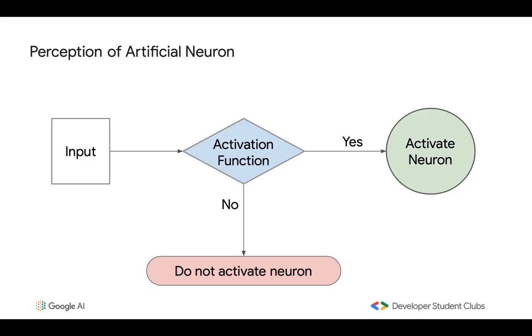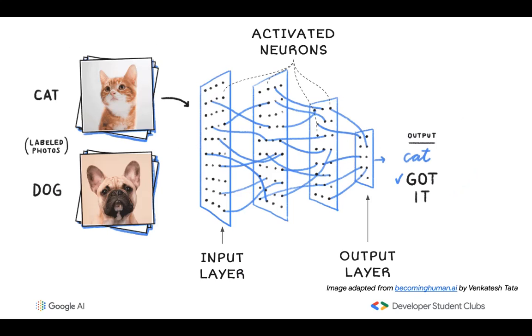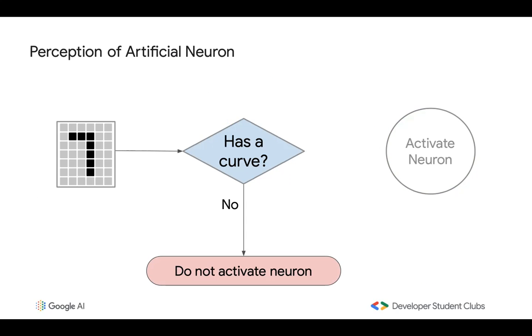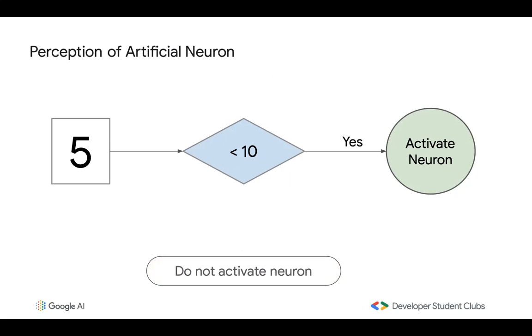Over here, where we had the example of the numbers, if the activation function is less than 10, if 5 is lesser than 10, activate a neuron. So if 5 is lesser than 10, the neuron does get activated.